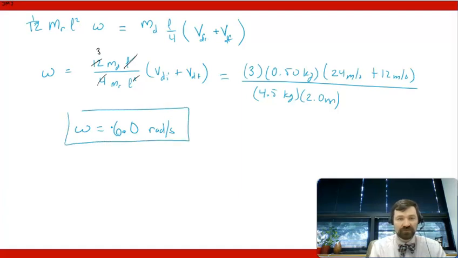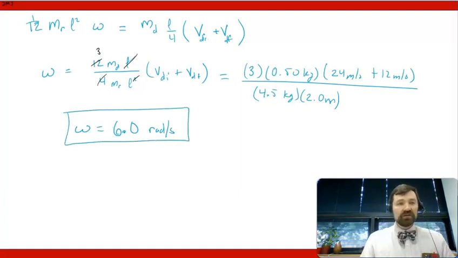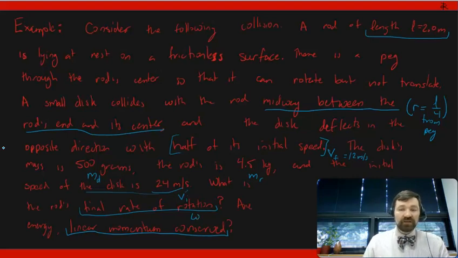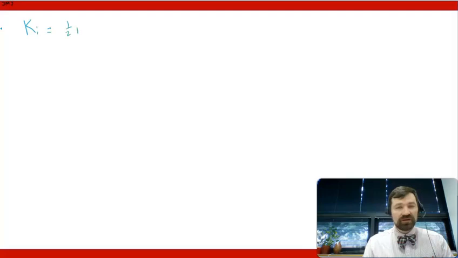So I've solved for the final angular speed of the rod. This final rate of rotation is my omega. The last part is this question about whether or not energy is being conserved. So initially, K initial, I have 1/2 m v disk initial squared. This is mass disk.